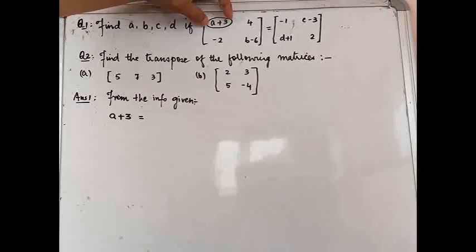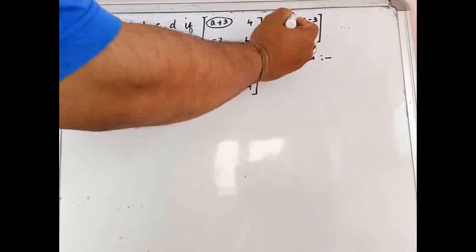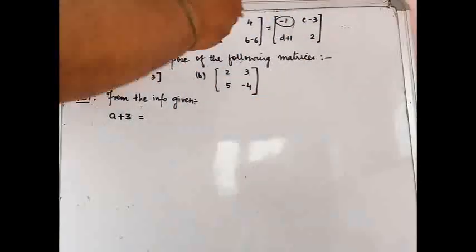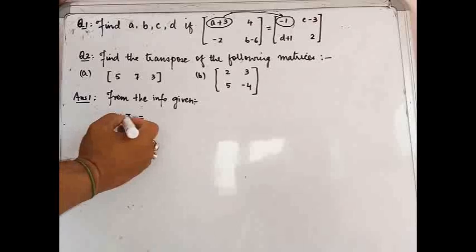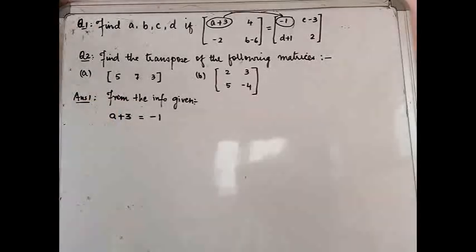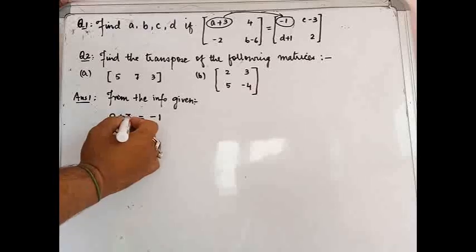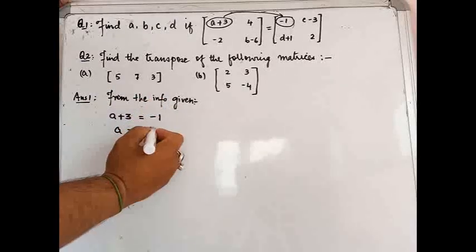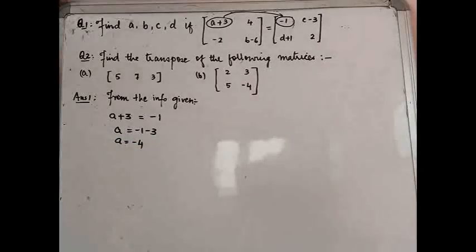It obviously has to correspond with this entry of the second matrix. So this corresponds with this. Okay, so we can write a plus 3 is equal to -1. So this will give you a equal to, this 3 goes to the other side, so you have -1 -3. It will give you the value of a as -4.